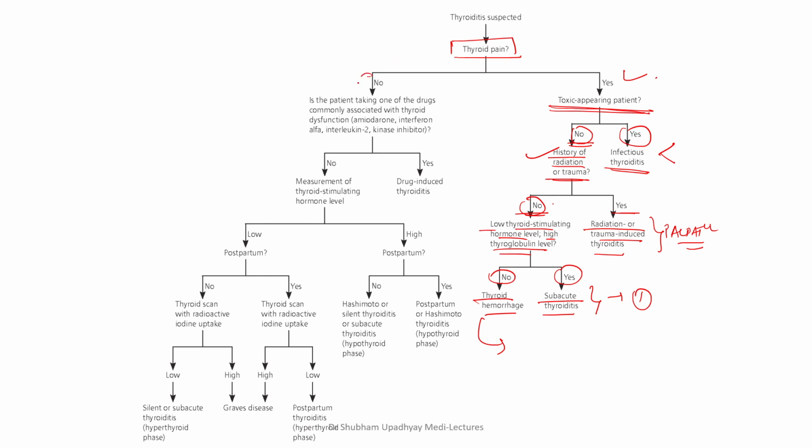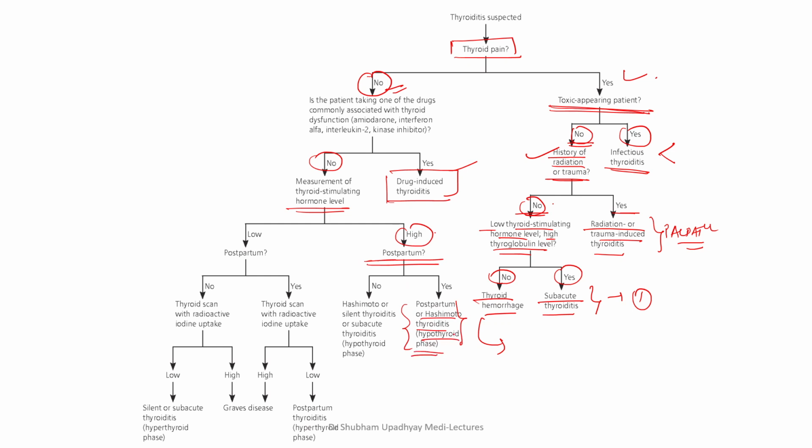If there is no thyroid pain, then we will take the drug history, whether the patient is taking amiodarone, interferon alpha, any PD-1 inhibitor. If yes, then this can be drug-induced thyroiditis, which is a painless thyroiditis. If no, we will measure the TSH levels. If TSH levels are high, patient is postpartum, then this can be Hashimoto's thyroiditis, that is hypothyroid phase.